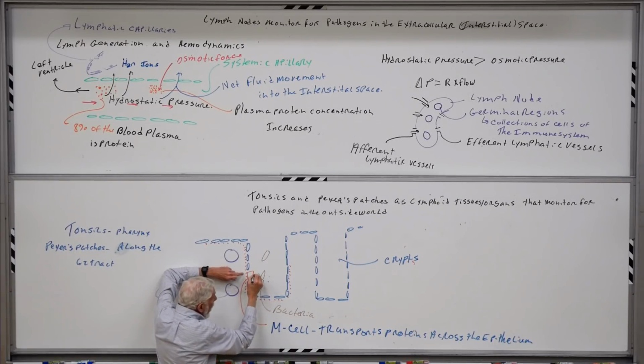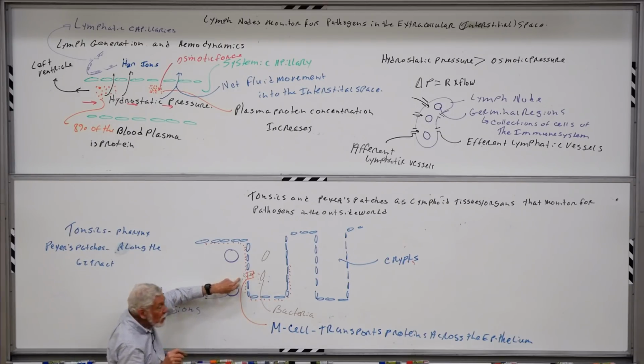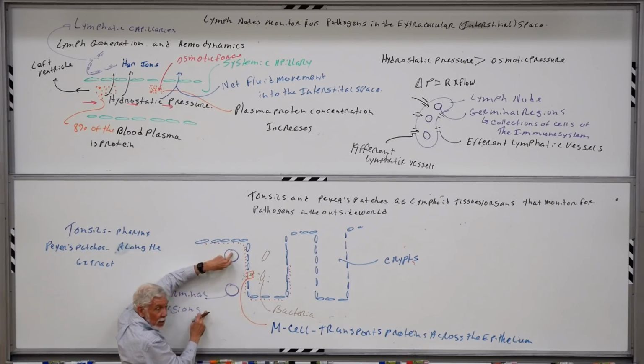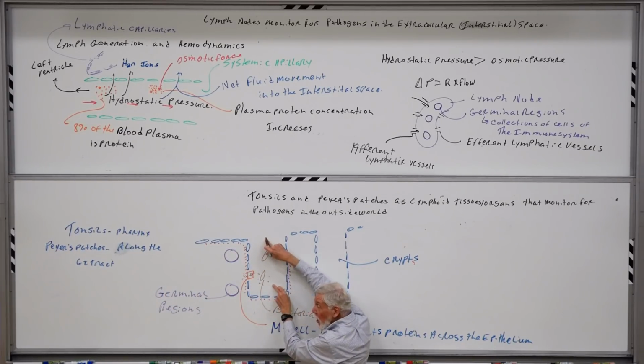The proteins bind probably to proteins on the surface of these M cells. They're endocytosed into vesicles, delivered then to the basolateral site, and these foreign proteins then are dumped out into the extracellular space. But the extracellular space here is right adjacent to the germinal regions. So this is a way now of presenting cells of the immune system with these pathogenic proteins from the bacteria.